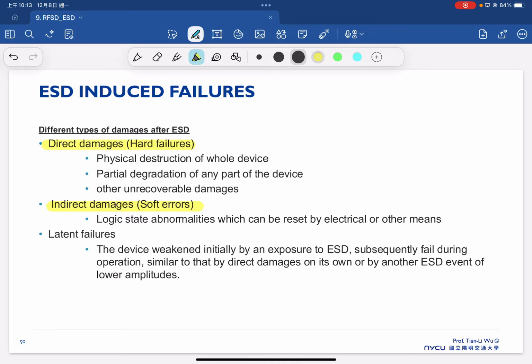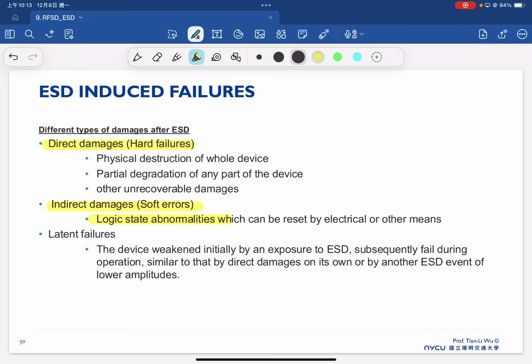For example, in the case of logic, indirect damage might cause logic state abnormalities, meaning you cannot have a proper logic state between 0 and 1. That causes a functional abnormality. The device still looks good, but in the end you start to see abnormalities in certain functions.